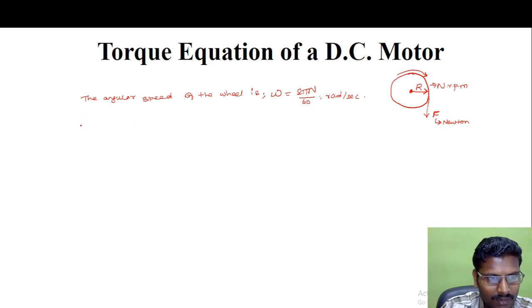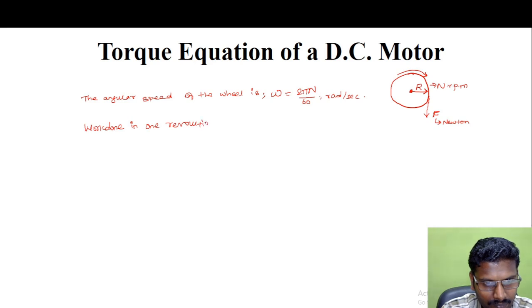So this is the angular speed of the corresponding wheel or brake drum. Now the work done by the brake drum or wheel in one complete revolution is given by W equals force into distance traveled in one revolution.